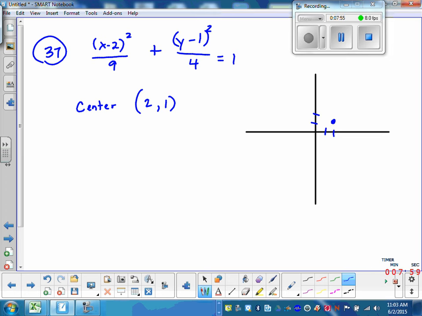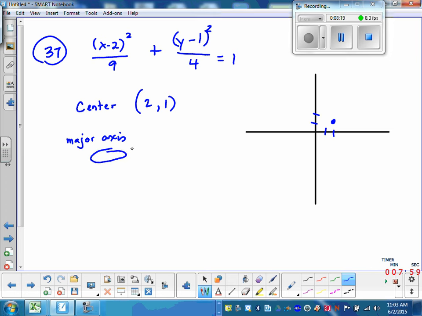That's going to change some things, okay? Main thing it's going to change is how we count off the major and the minor axes. So let's do the major axis first. The major axis, and we know that this is going to be oriented this way.